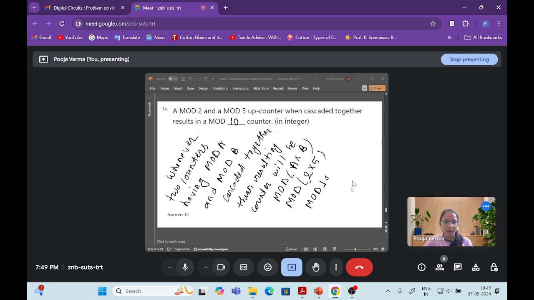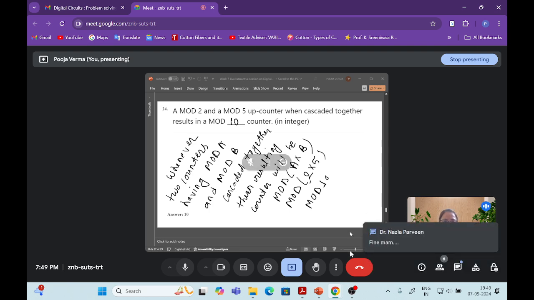If you connect mod 2 and mod 5 in parallel, the resulting counter counts only mod 5, not 2, because if you take mod 2 only, the other numbers you can't count. So you have to take the maximum one.